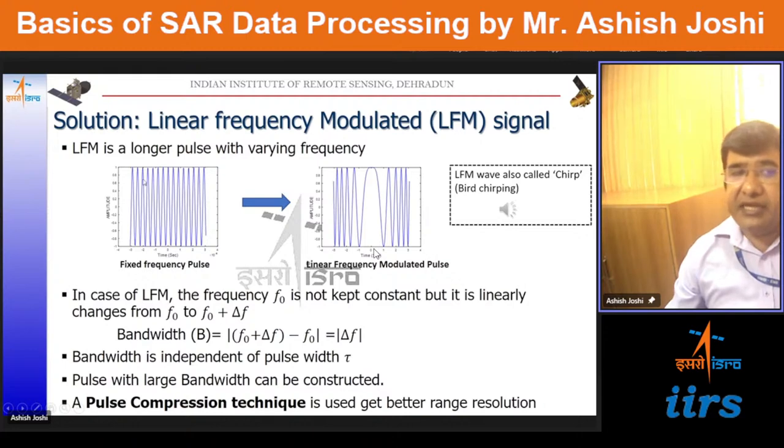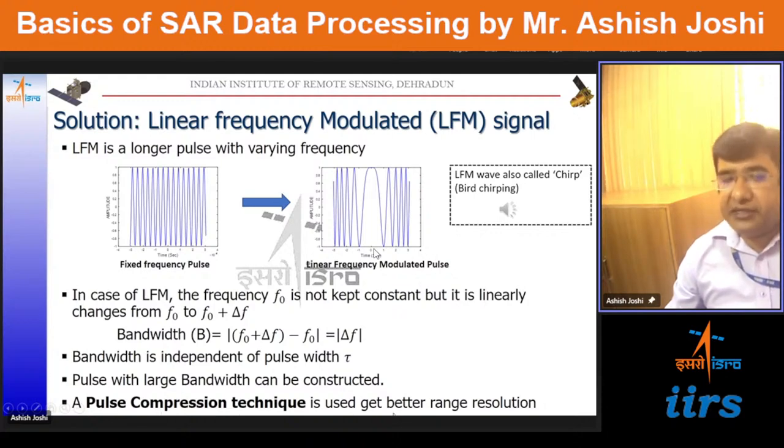Here you can see the frequency is almost constant, but here the frequency is changing. In the middle part you can see a lower frequency, and in this part a higher frequency. So this linear frequency modulated signal can be used for better range resolution, because we can apply the pulse compression technique.